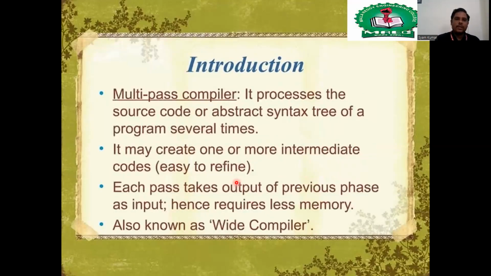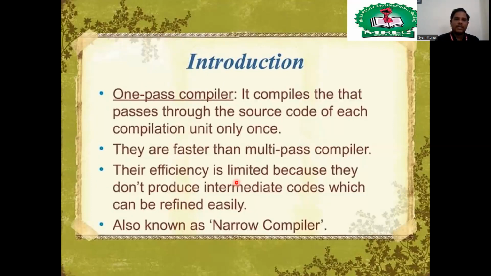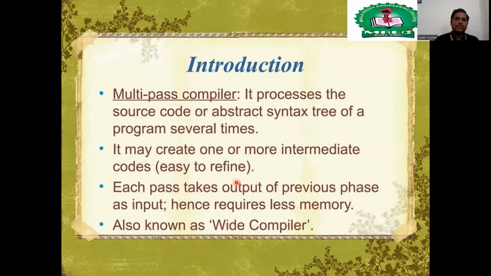Coming to the multi-pass compiler, there are two compilers I told you: one pass compiler and the second one is multi-pass compiler. It processes the source code or abstract syntax tree of a program several times. It may create one or more intermediate codes. Previously, it could not create any intermediate code, but here it will create one or more intermediate codes that are very easy to refine.